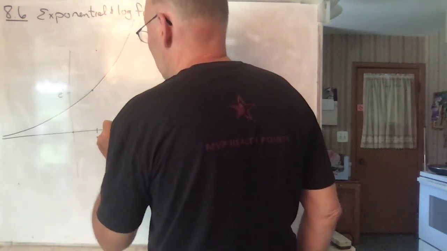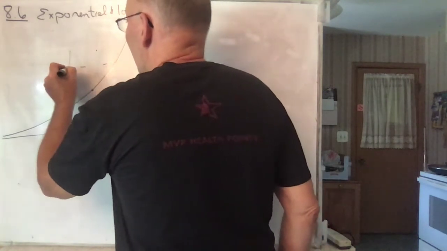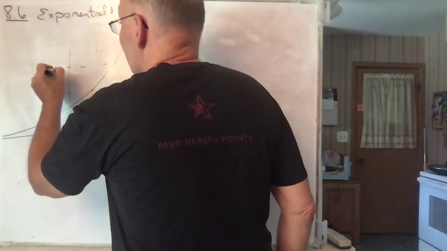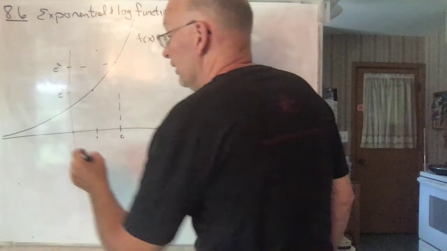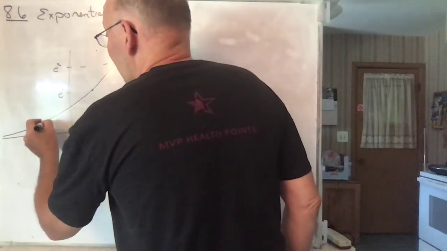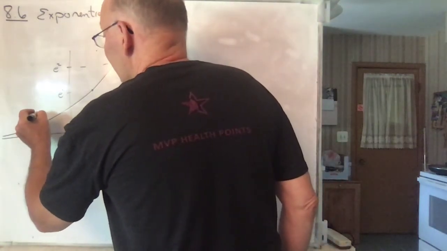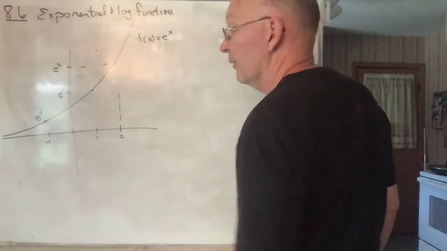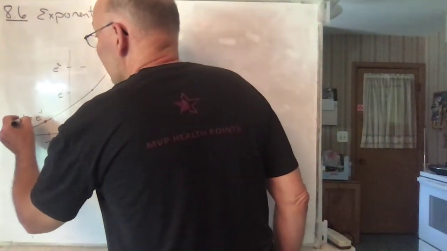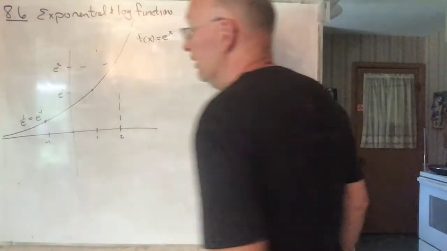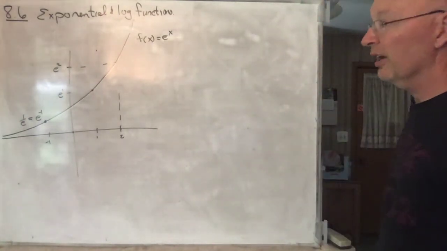Here's 2. So this value here would be e times e, or e squared. Here's negative 1. So the height here would be e to the negative 1, which is the same as 1 over e. And so on. Those are the heights.